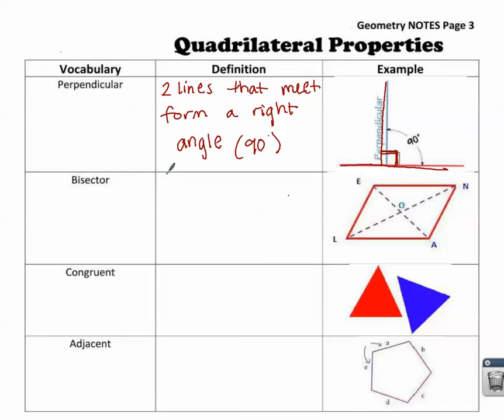A bisector is an imaginary line that divides a shape in half from the corners.